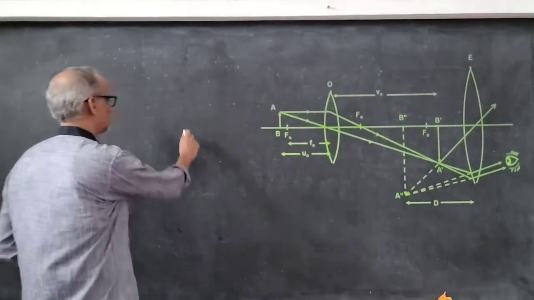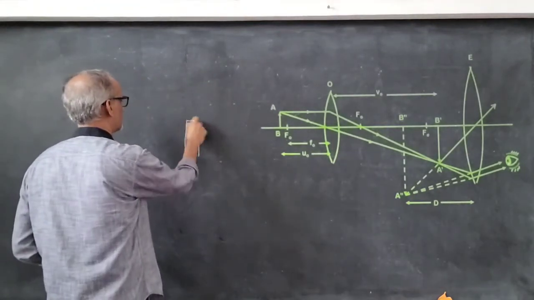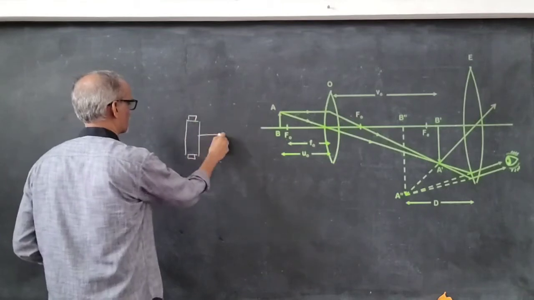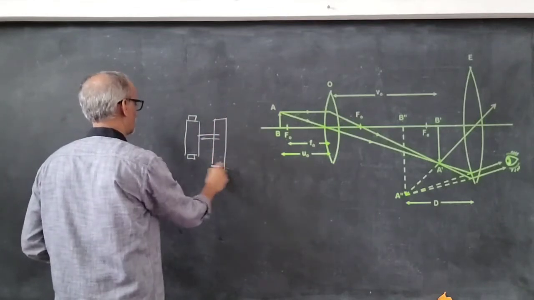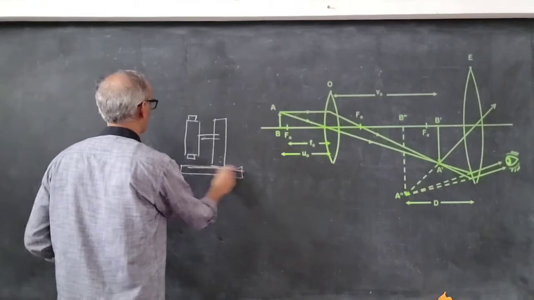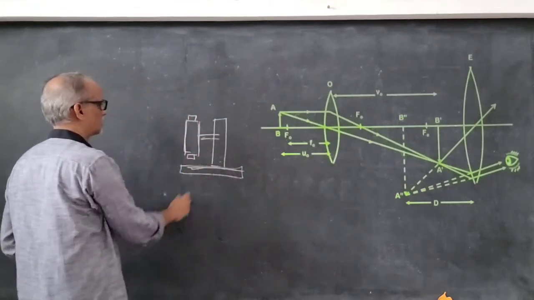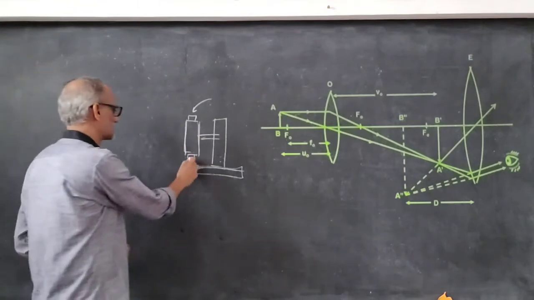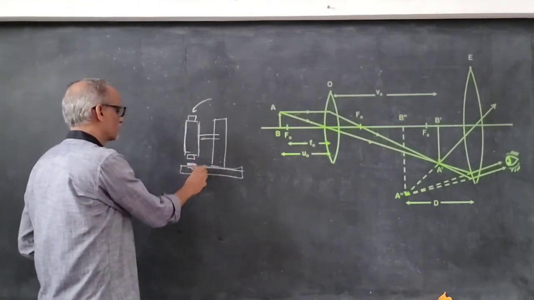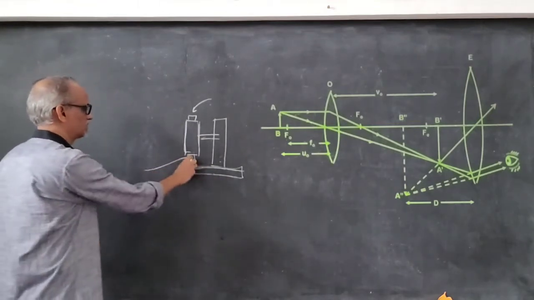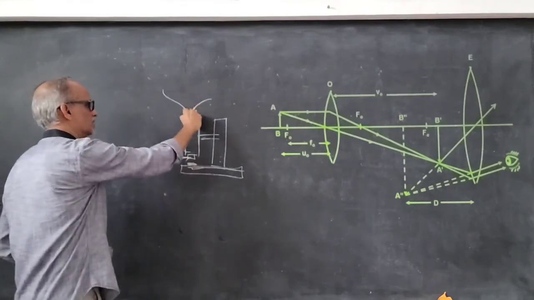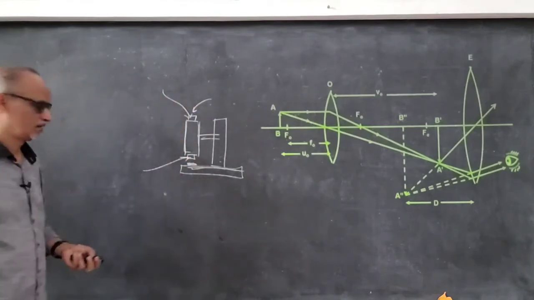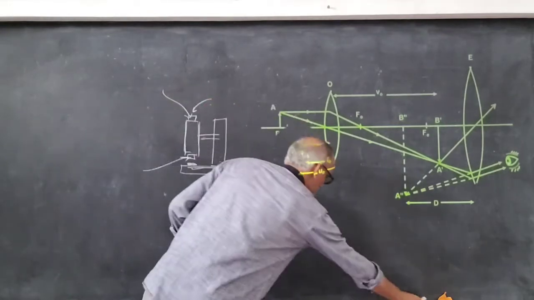If you remember the travelling microscope, this is the lens through which we view, and this is the lens which is used to focus an object. So therefore this is the objective lens. And this is the eyepiece in the travelling microscope.